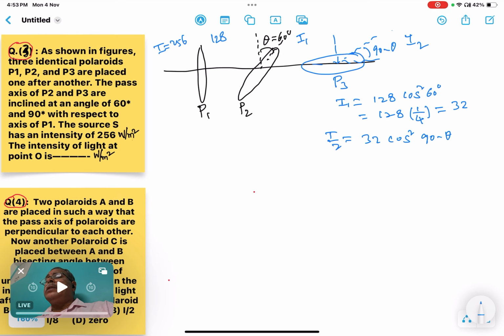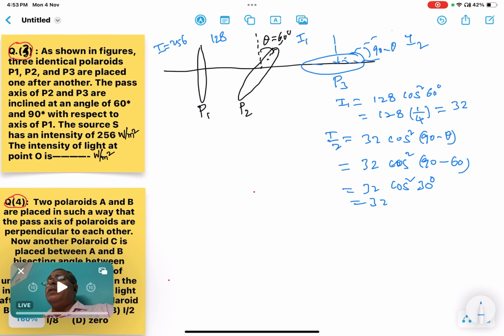That equals 32 into cos square of 90 minus 60, so 32 into cos square 30 degrees. Cos 30 value is given as root 3 by 2, whole square means 3 by 4. So the answer is 24.